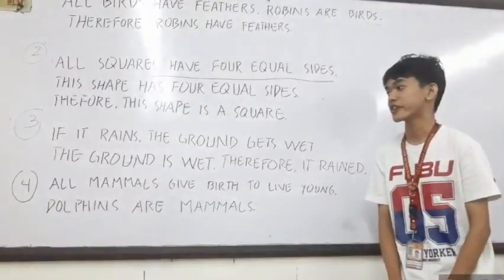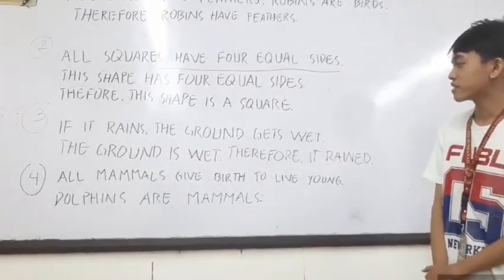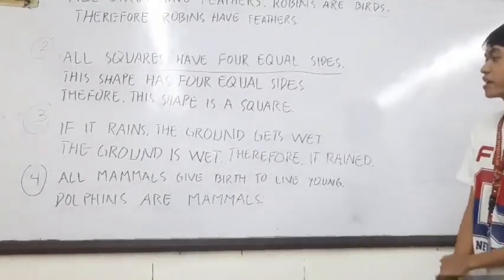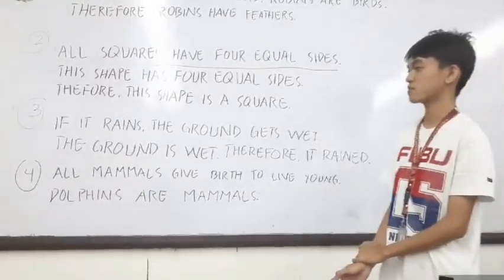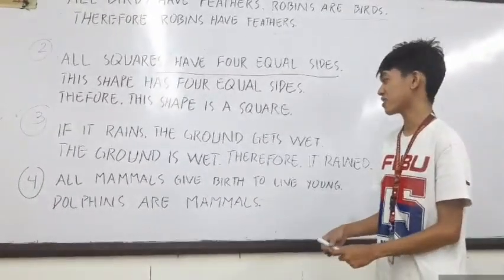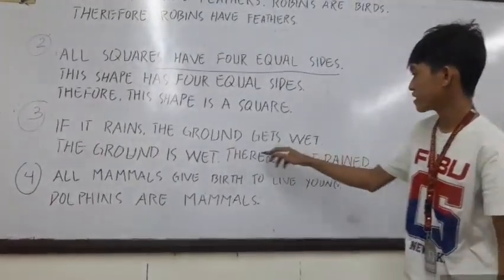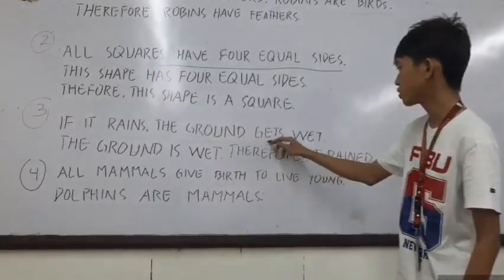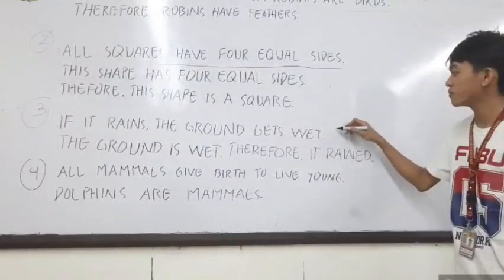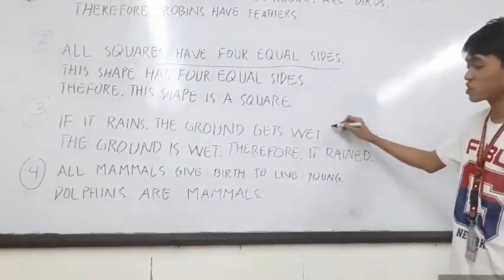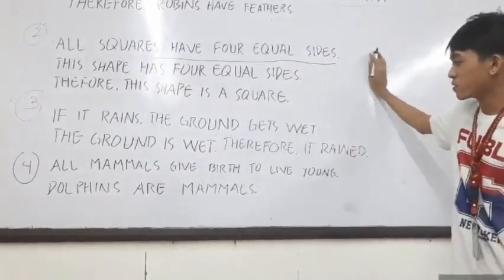Let's move on to the third example. If it rains, the ground gets wet. The ground is wet, therefore it rains. It means that the ground getting wet is the keyword to identify that deductive reasoning is used.